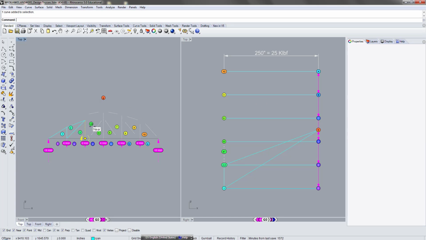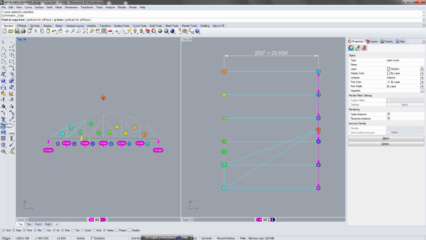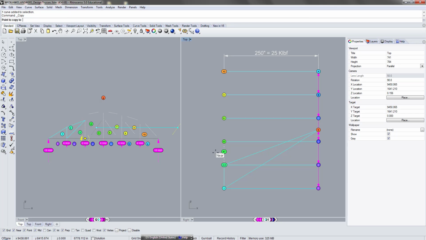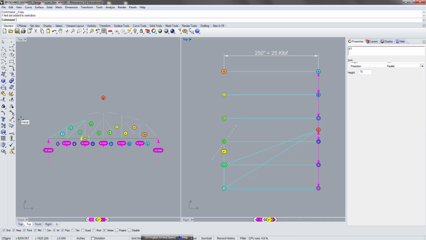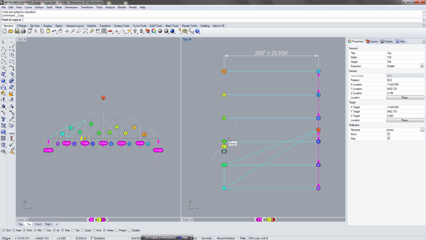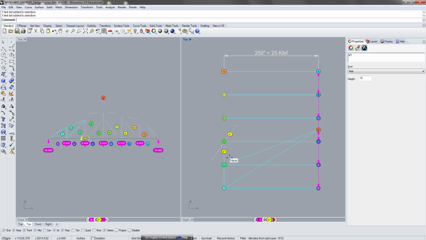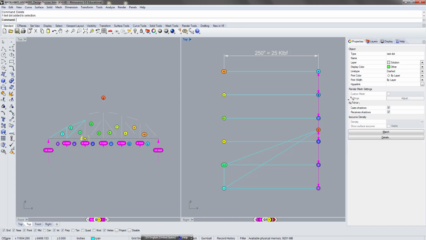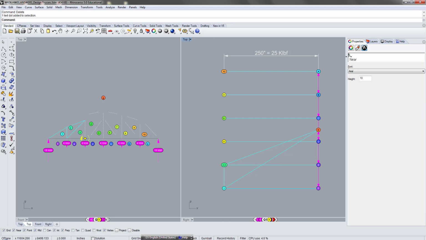So 3, 4 is done. 4, 5 is again this unknown diagonal force that passes through point 5, and point 4 is somewhere on here, which is again the same process. Point 4 must be the intersection of these two lines, therefore it's gotta be identical to point 5.